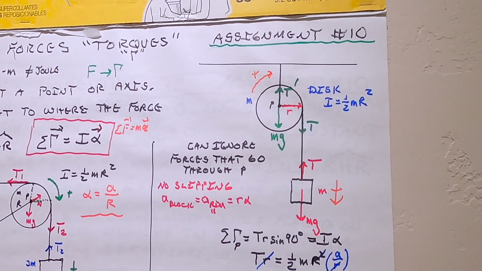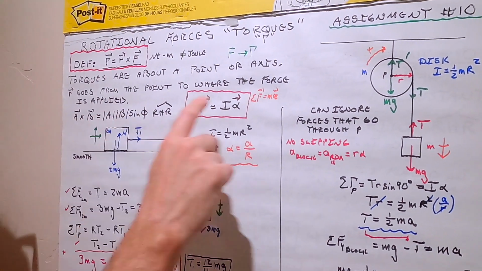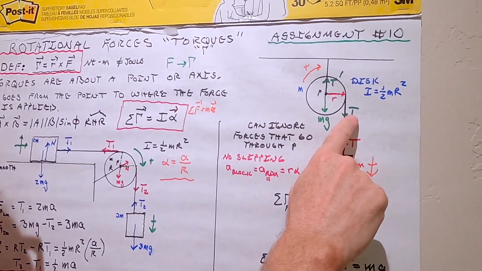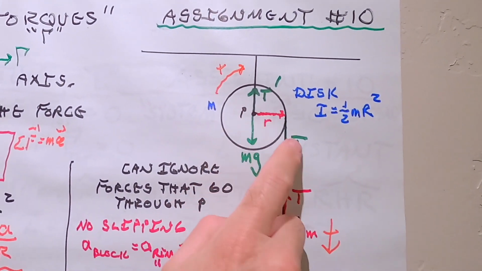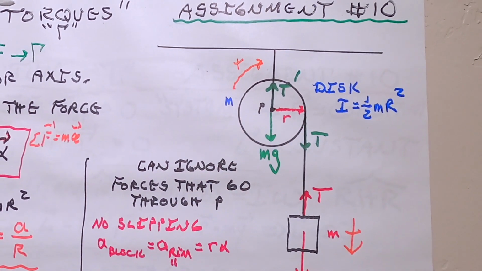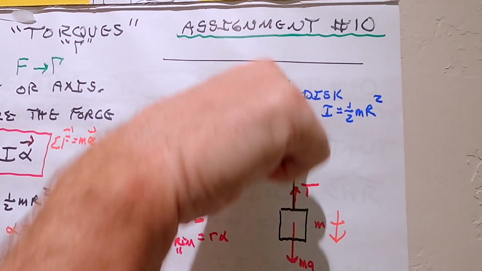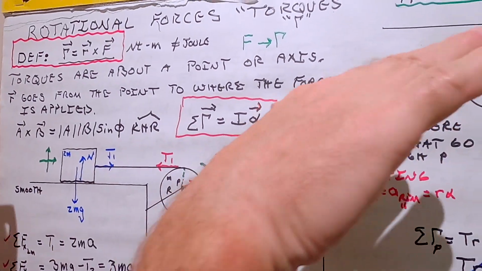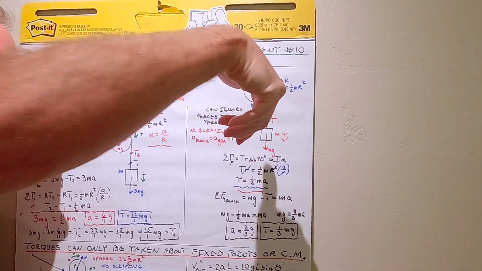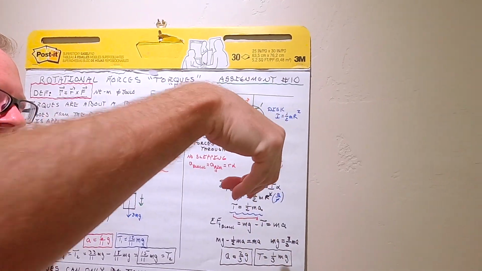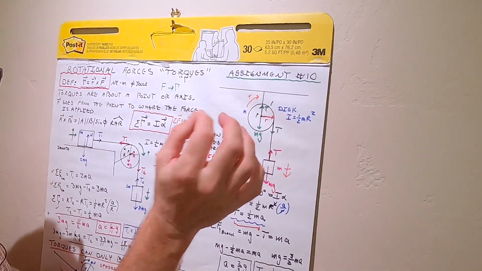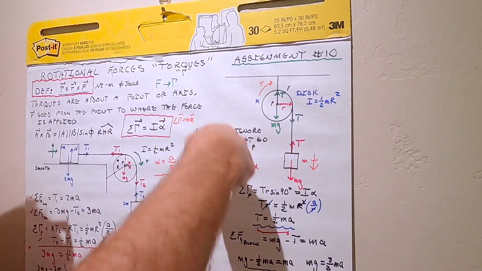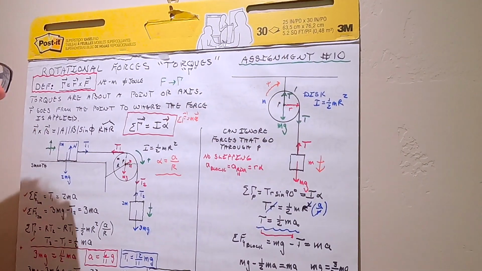When we cross R with T, it's the magnitude of R, magnitude of T, times the sine of the angle between them. What's the angle between R and T? That's 90 degrees. When you use the right-hand rule, R cross T is actually into the board. It's along the axle, the only unique line you have. So the direction of the torque is actually into the board, but I'm just going to call this direction positive.